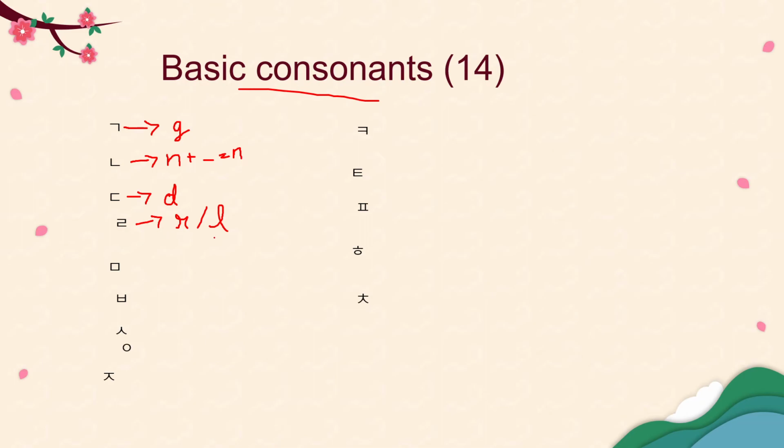So for this, you just remember that it has the sound of l, because if you tell Koreans to pronounce rat, they will pronounce it lat. They do not have the sound of r in their Hangul, and they do not have the sound of r in their language. They always pronounce this as l.